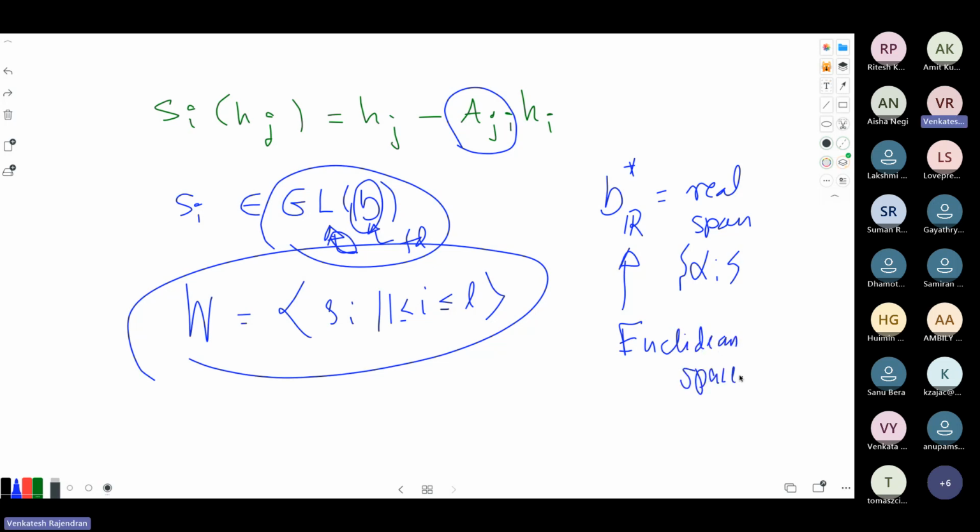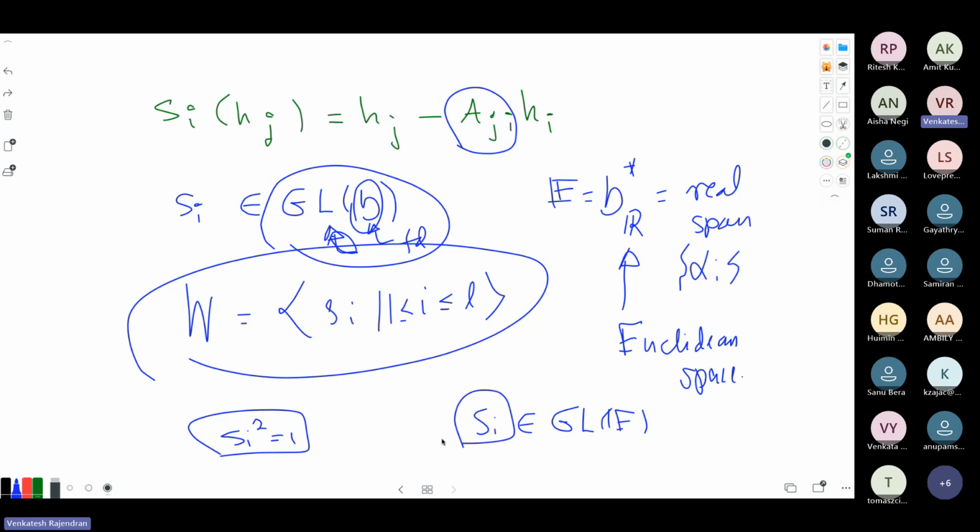So you have this A_ij; you can define it on the generators and then extend, not a problem. Once you have this Euclidean space, you can think of these s_i's inside it. It's easy to see they are involutions and distance preserving, same story goes through.